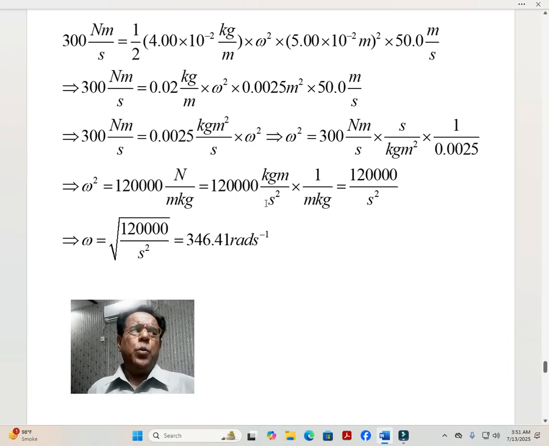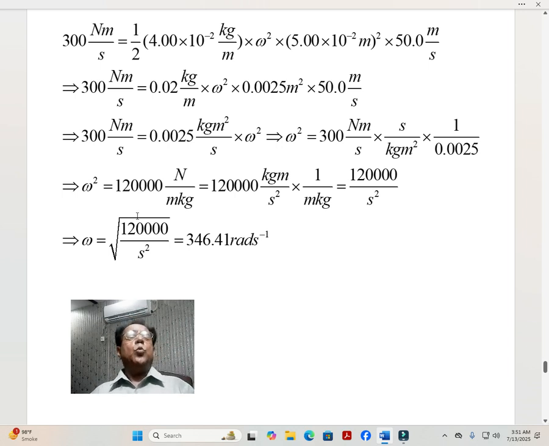So when we replace Newton by its alternate units, then kilogram will be cancelled from numerator and denominator. Similarly, m will also be cancelled, and we will get 12 with 4 zeros divided by second square.